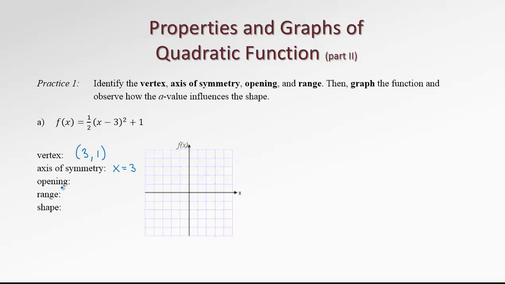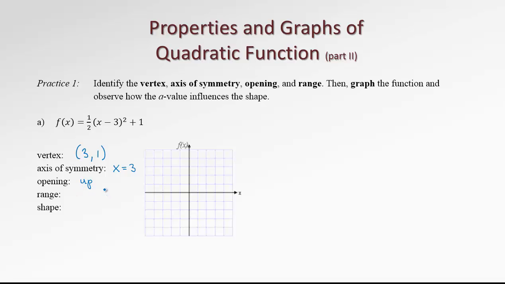We recognize the opening of our future parabola just by looking at the leading coefficient. If it is positive, the opening is up, and if it were negative, the opening would be down. The range of the parabola is connected with the vertex and opening.